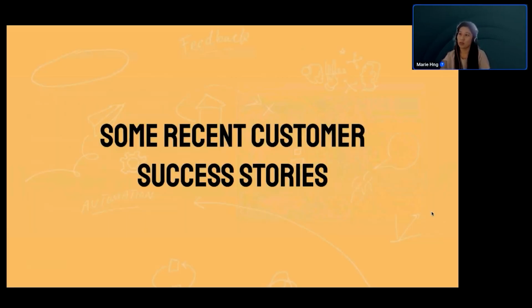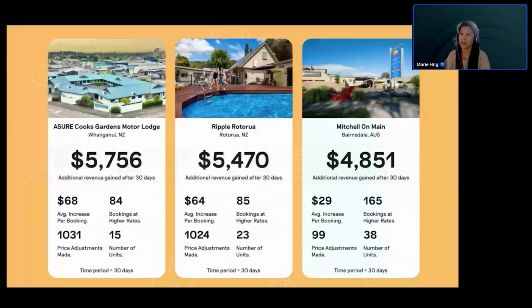Now let's move on to success stories. So what have our customers seen by setting up the dynamic pricing tools that we have in place? I think the numbers speak for themselves in that they're making lots of money, which is great news. But a few things that I wanted to point out.